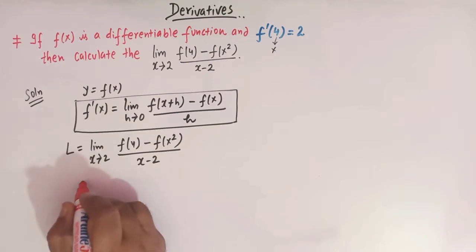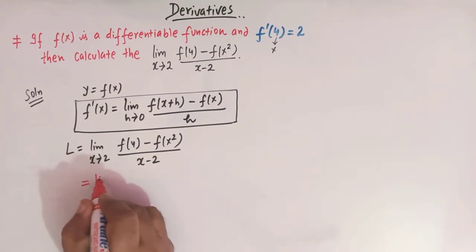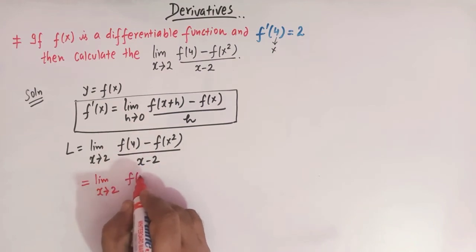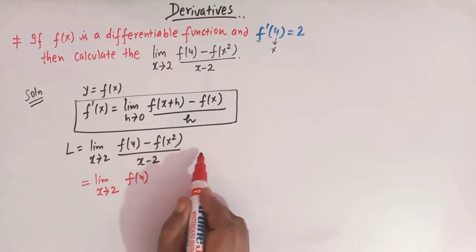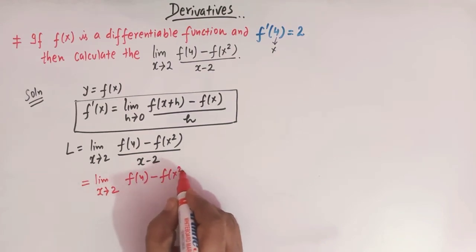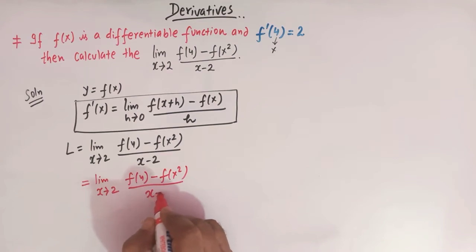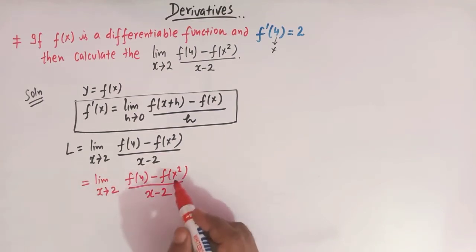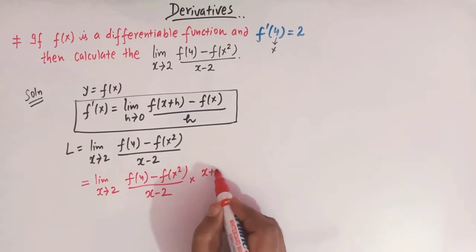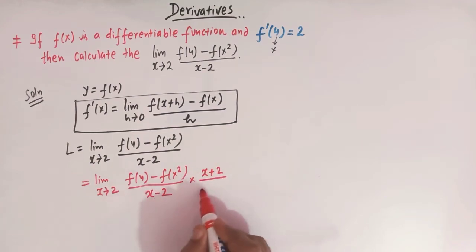For this, we'll multiply the numerator and the denominator by x plus 2. So we have f of 4 minus f of x square divided by x minus 2, and we multiply the numerator by x plus 2 and the denominator by x plus 2.